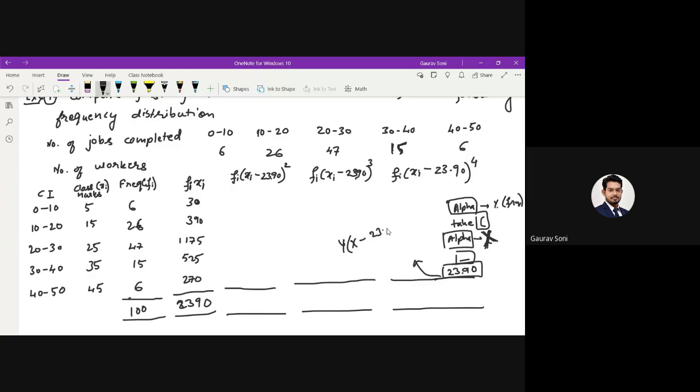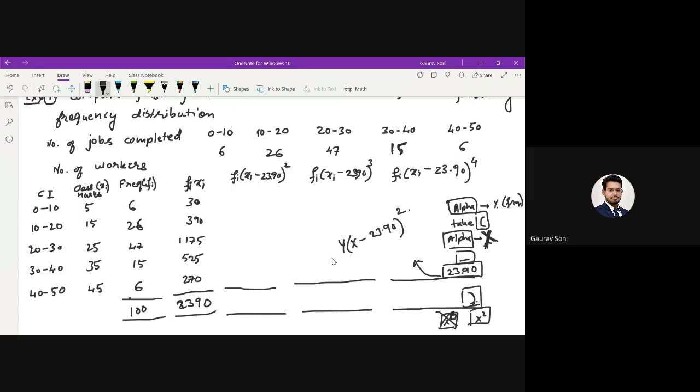Once you put this value, you will see y times x minus 23.90 on your screen. Then complete the bracket. Now you will see a button like x with an upper square. Even if it is not there, you can simply press the x square button. I hope everyone is with me.